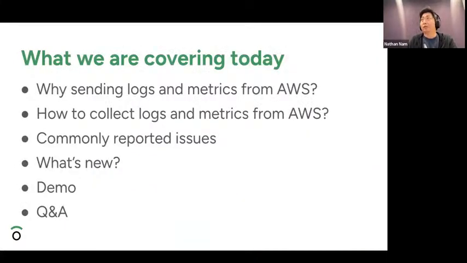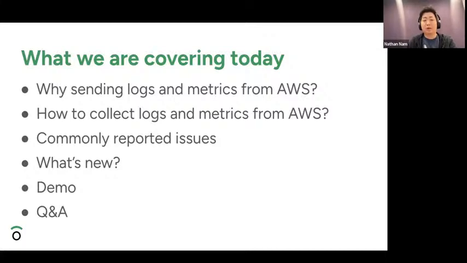Before we talk about what's improved and what's new in the latest AWS integration, I'd like to give you a brief overview of what we are going to cover today. First, I will briefly cover why you would send logs and metrics from AWS to Observe rather than just using AWS native services, a service called CloudWatch, and how logs and metrics are typically collected from AWS.